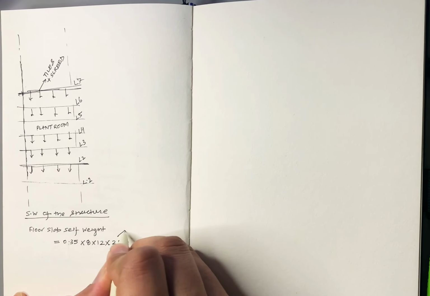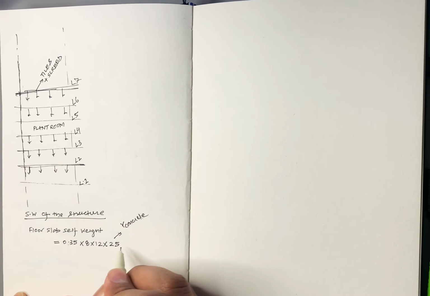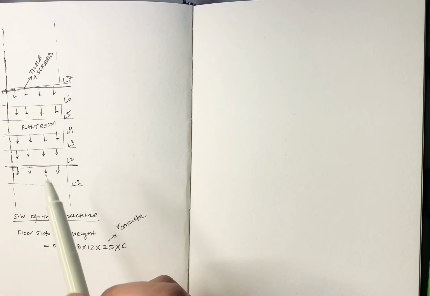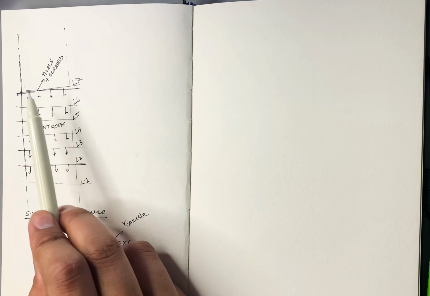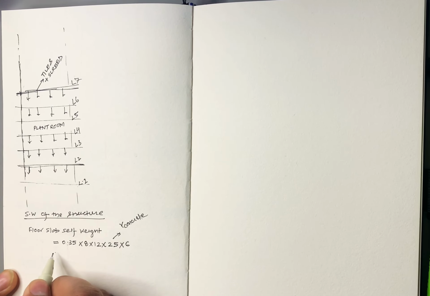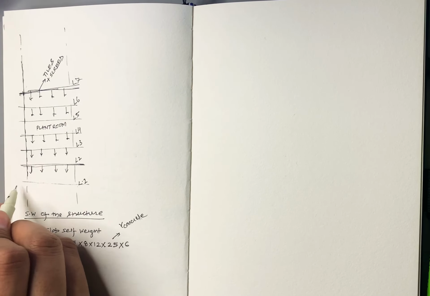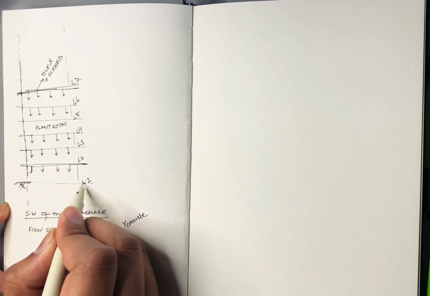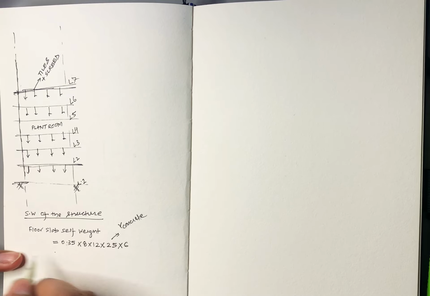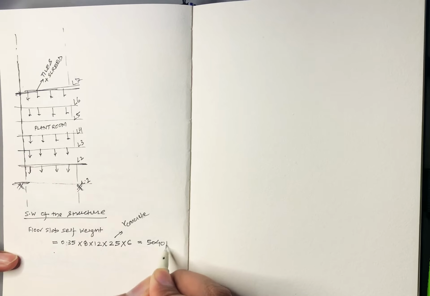This is the density of concrete, I'm just writing gamma concrete. Multiply that with 6 because there are 6 floors: 1, 2, 3, 4, 5, 6. And because we are calculating at the base of level 1, this comes out to be 5040 kilonewton.